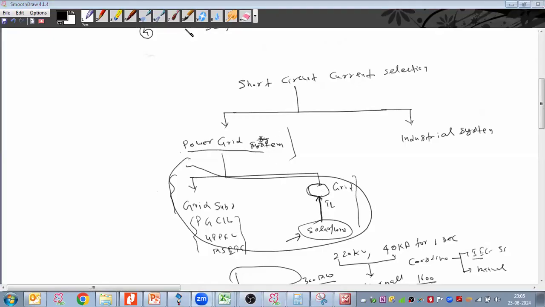UK and India both have a 50 hertz frequency system, the US has a 60 hertz system. In Saudi also, a few parts are on 60 hertz, not all. If a 60 hertz system and a 50 hertz system are connected together, it will be a problem, no?